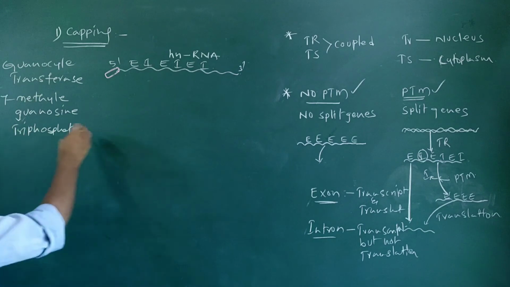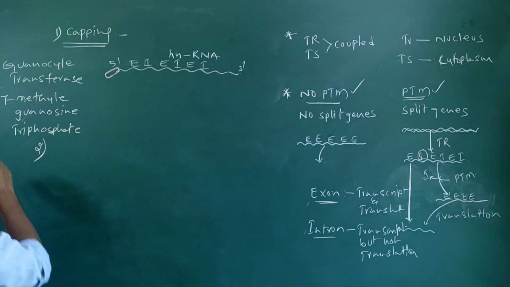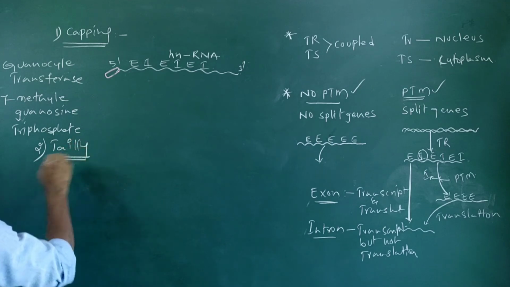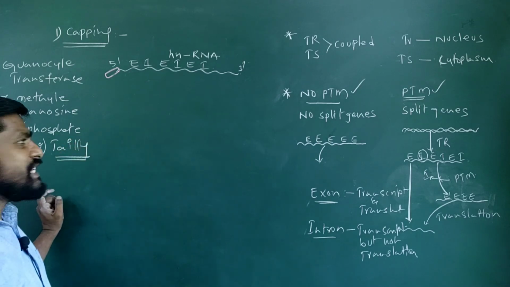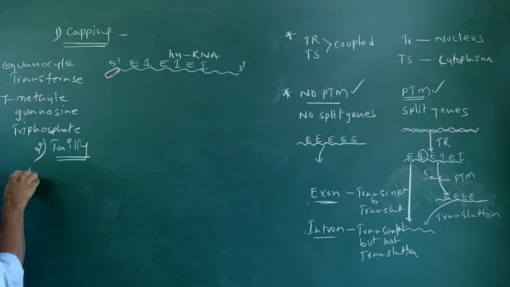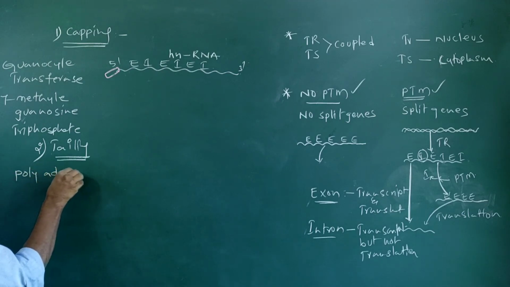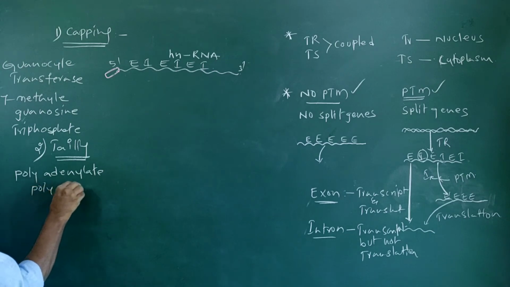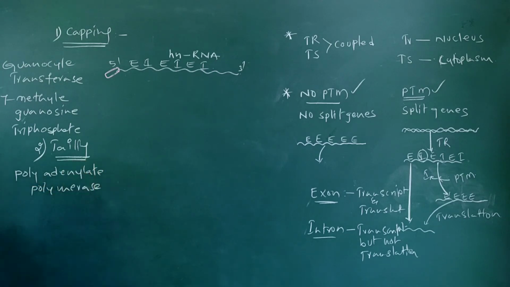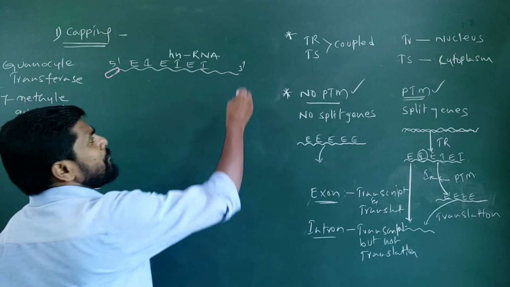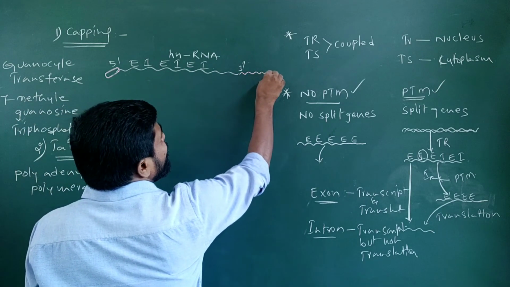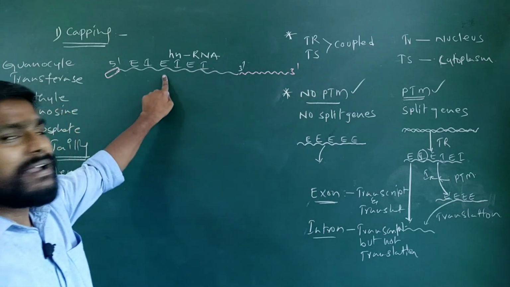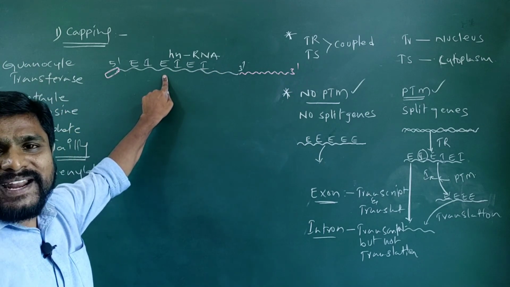And the second event of these post-transcriptional modifications is tailing, during which an enzyme called polyadenylate polymerase adds polyadenylate nucleotides at the 3' end of the primary RNA transcript.